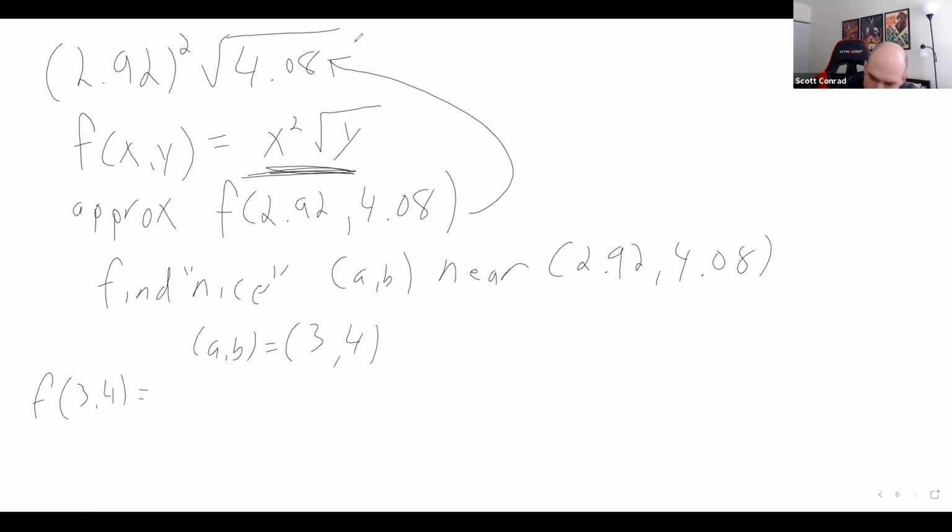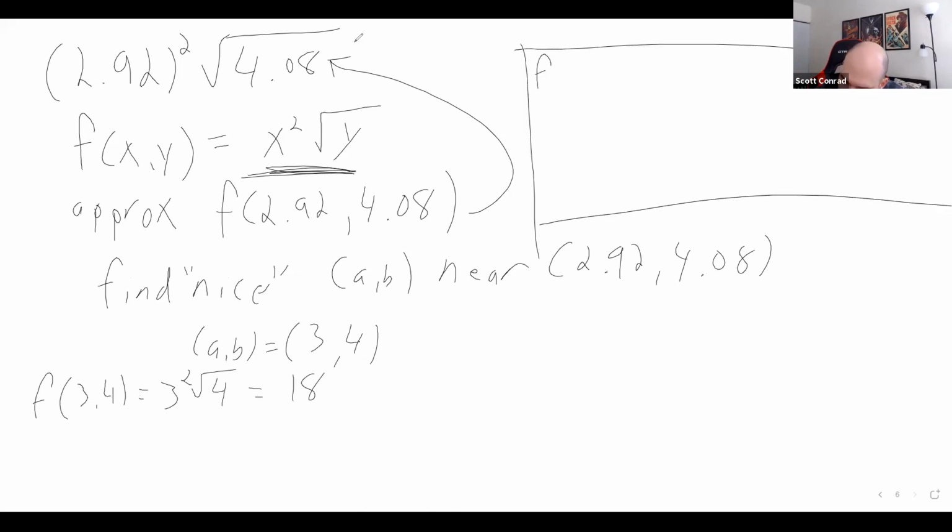So f of 3, 4 is just going to be 3 squared times square root of 4. 3 squared is 9, square root of 4 is 2, so that's going to be 18. The partial of our function with respect to x, treating y as a constant, is going to be 2x square root y.